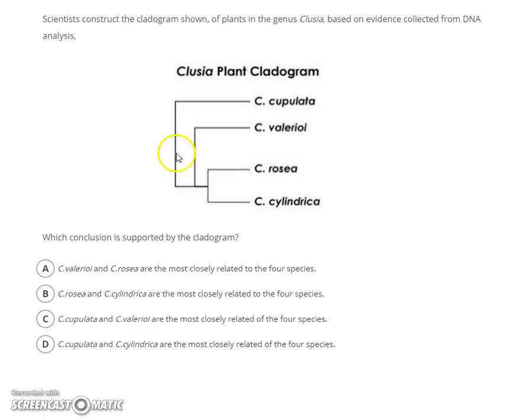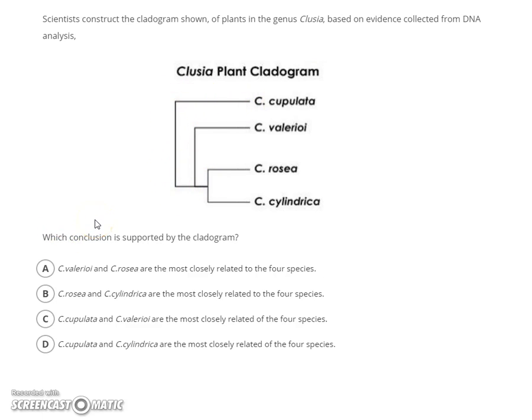So what we're looking for is when these species split from each other. So we see a split happen here, where Cupulata split away, and then we see a split happen a little bit later, where Valerioi split away, and then we see the last split happen between Rosea and Cylindrica, and so this one is the most recent split. So this split was a little older, and then the split that happened back here to split this one away from the rest is even older.